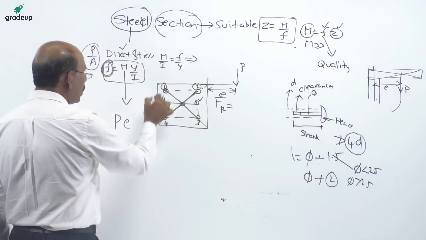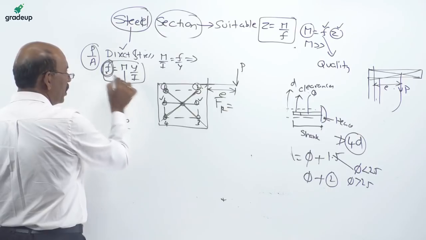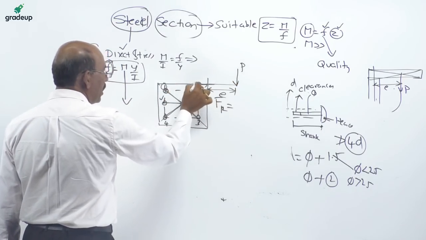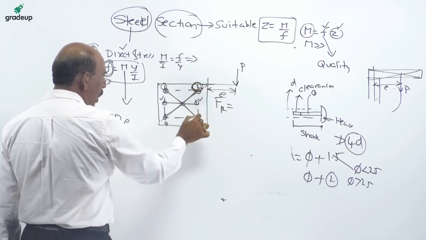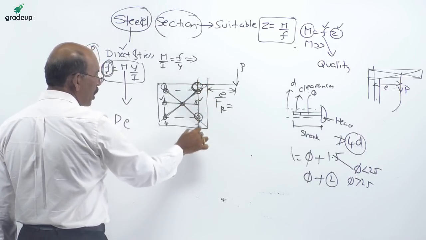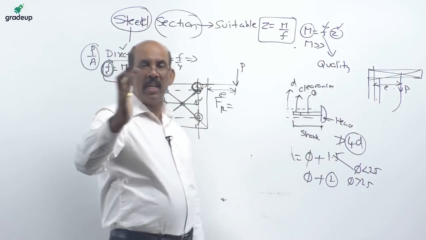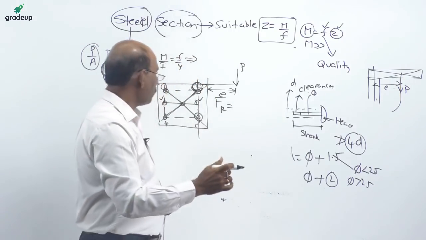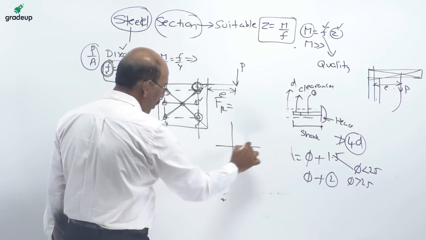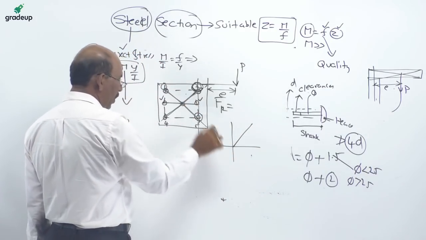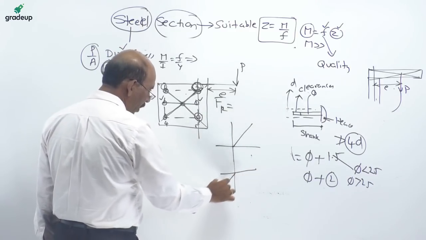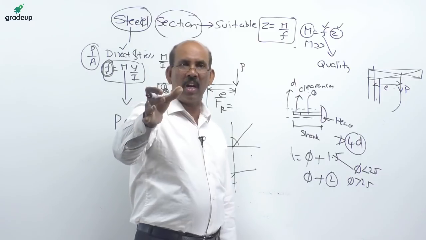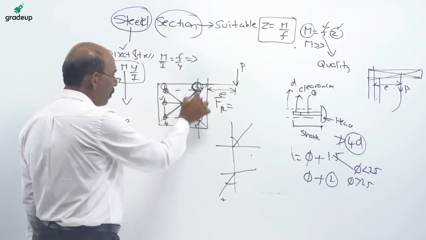Bolt 2 and bolt 3 are at the same radial distance, and if you compare the angle, this angle for bolt 2 and 3 is the same, and consequently the force also will be the same.